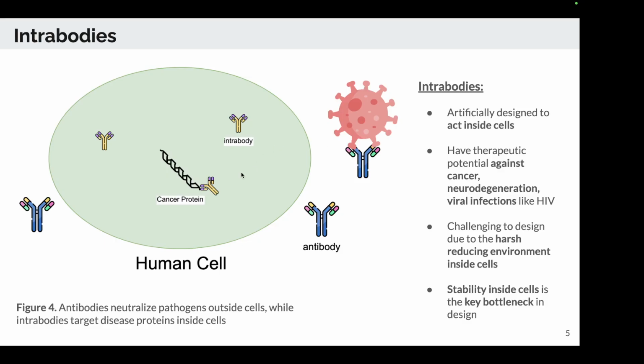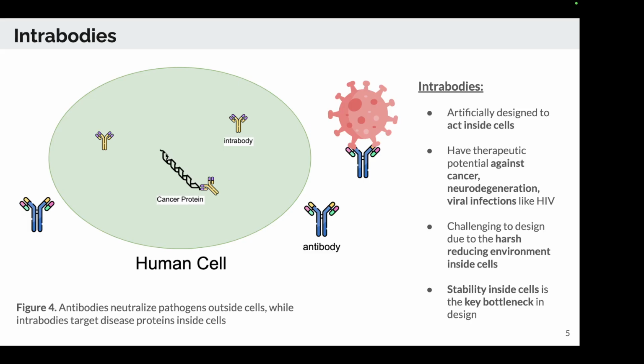But intrabodies are designed to act within cells, which allows them to access targets not accessible to common antibodies. For example, here it binds to a cancer protein. And it's beneficial because it allows us to target some harmful things inside cells, like cancer proteins or proteins associated with neurodegenerative diseases like Alzheimer's or Parkinson's disease, or even viral infections like HIV.